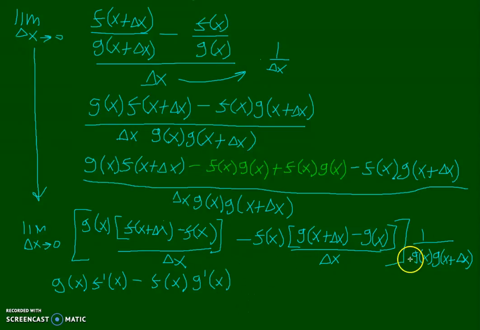And for this term, as delta x goes to 0, g of x plus delta x is g of x plus 0, which is just g of x.